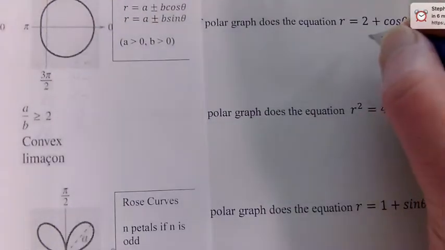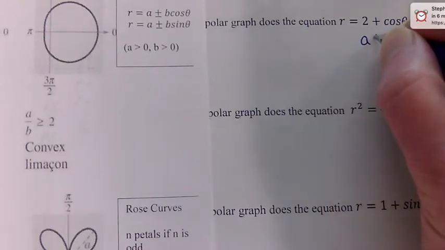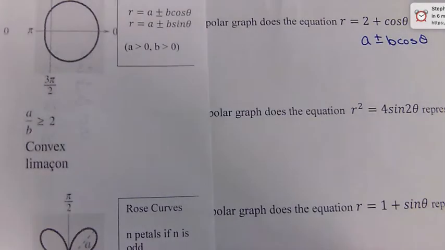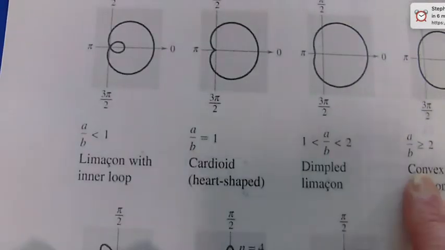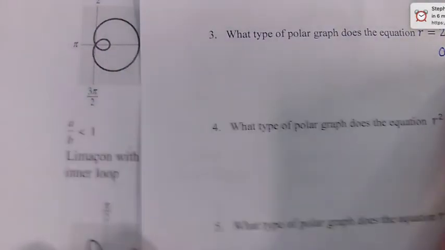So it's supposed to be A plus or minus B cosine. And we can tell a lot about it from A divided by B. So there's 4 options of what kind I'm going to have. I've got to take A divided by B and look at that.